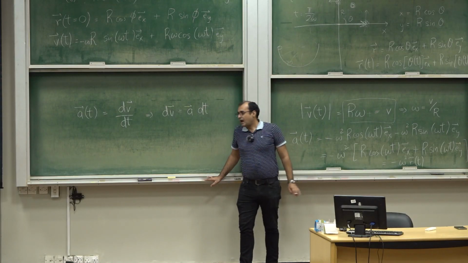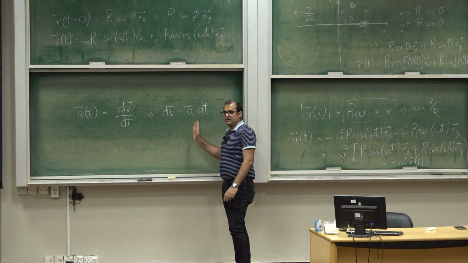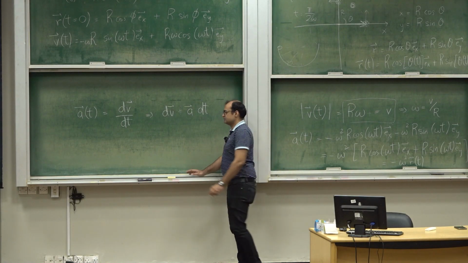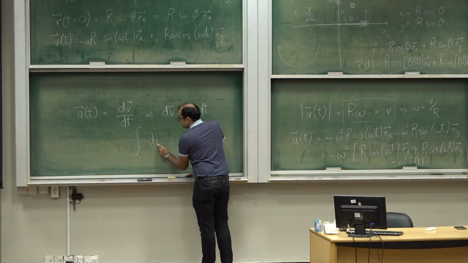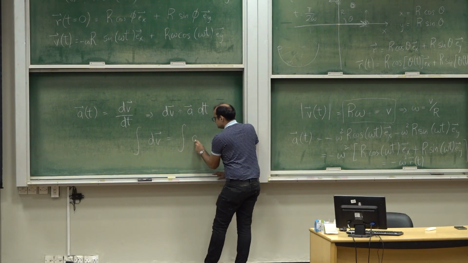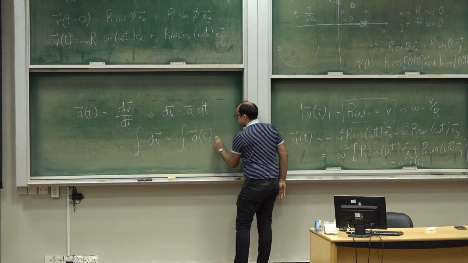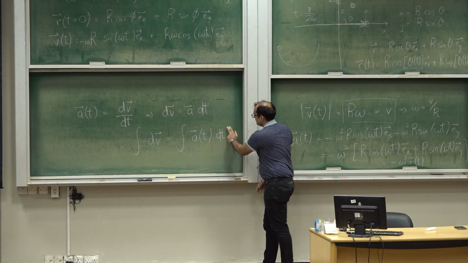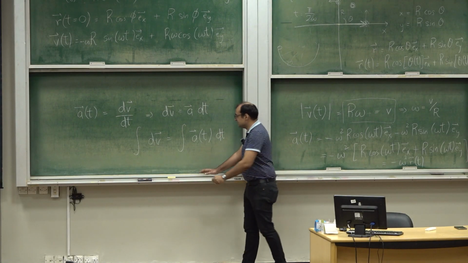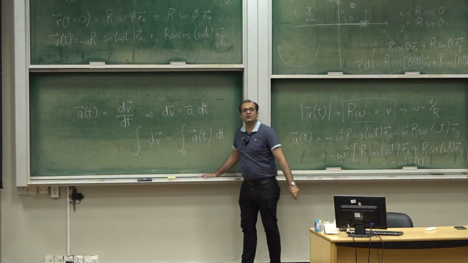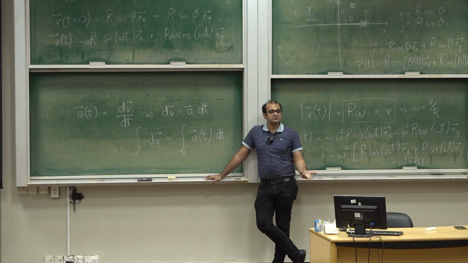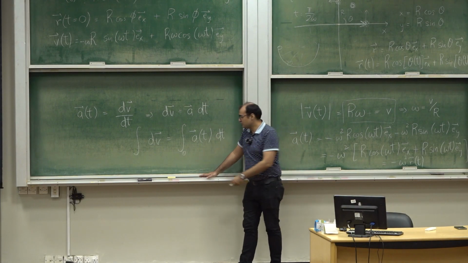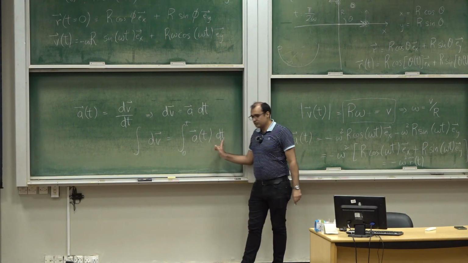Okay. Now I can add up both sides of this equation, from the initial time, which I am considering to be 0, to the time t that I am looking at.